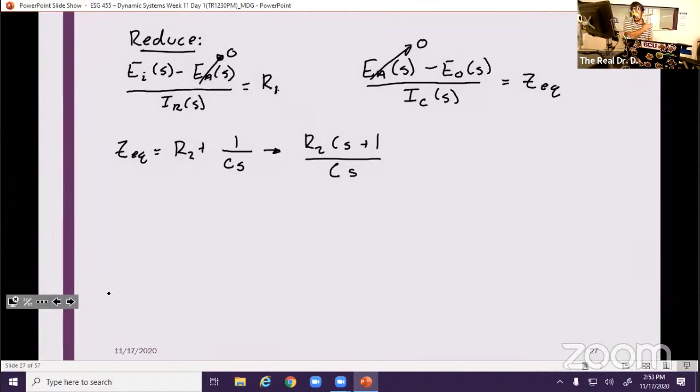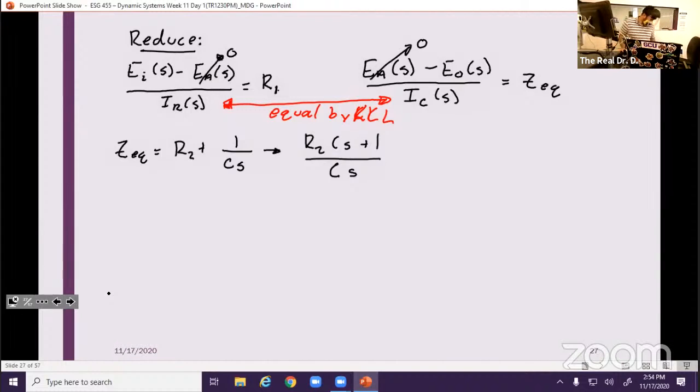But we know that these I's are the same, right? This and this are equal by KCL, right? They're equal because of the KCL. And since they're equal, I can solve one in terms of I_R and plug it in to the other, right?